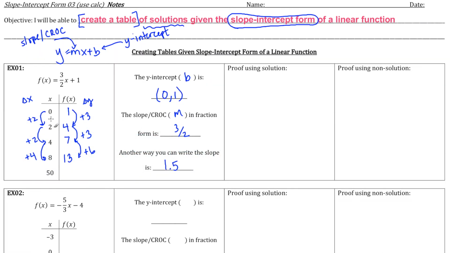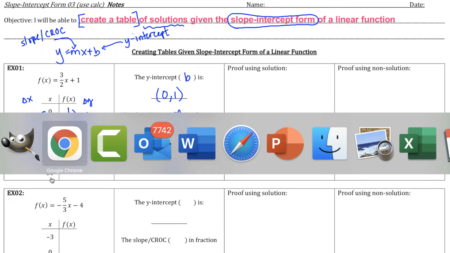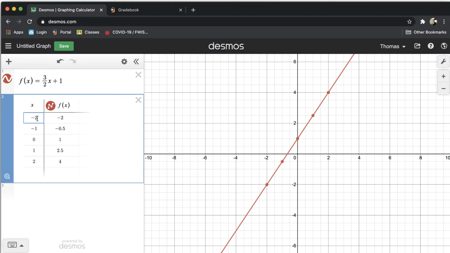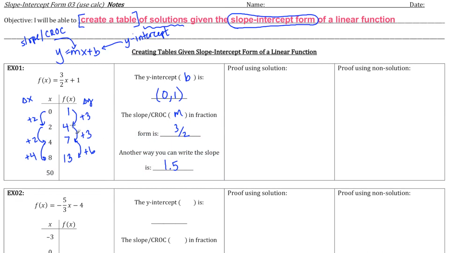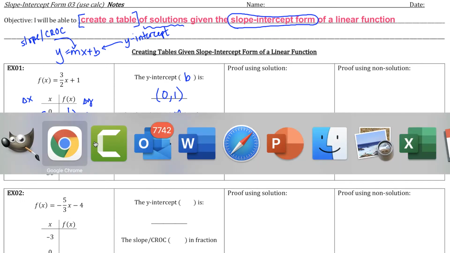You can always check your answers. 0, 2, 4, 8, 50. So we have 1, 4, 7, 13. Let's see if that's right. 1, 4, 7, 13. Cool. And now we have a 50.